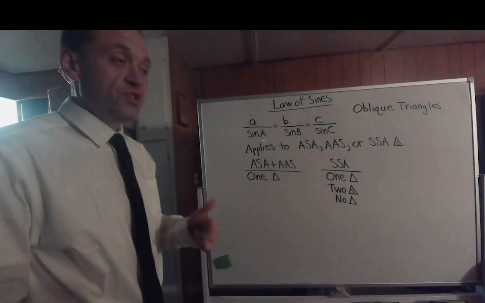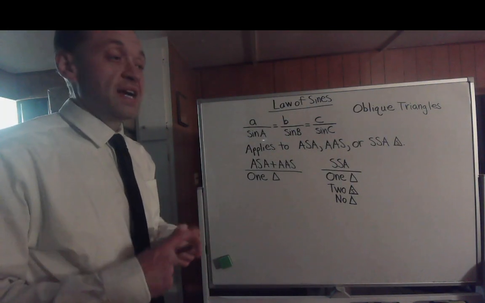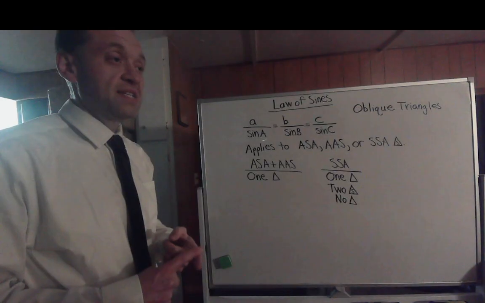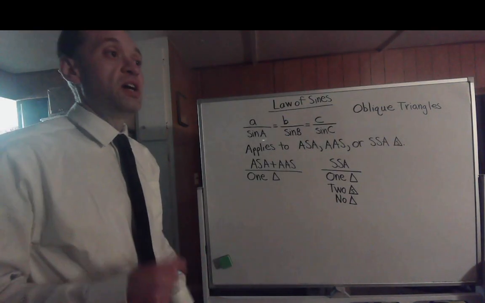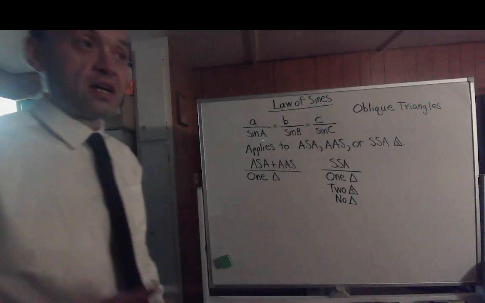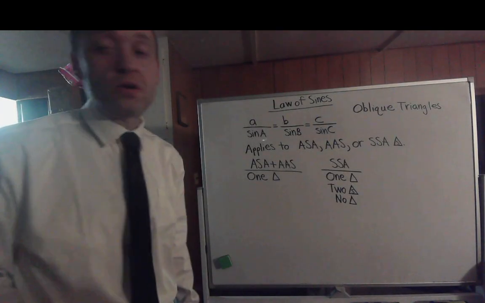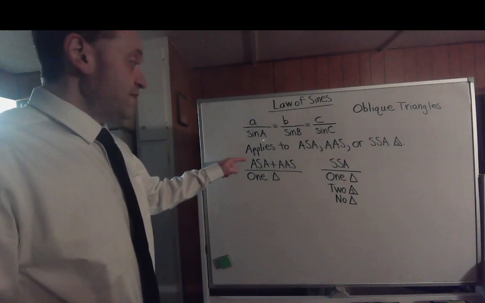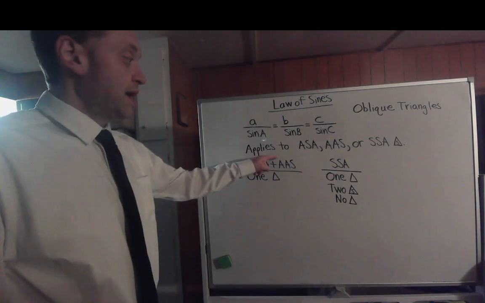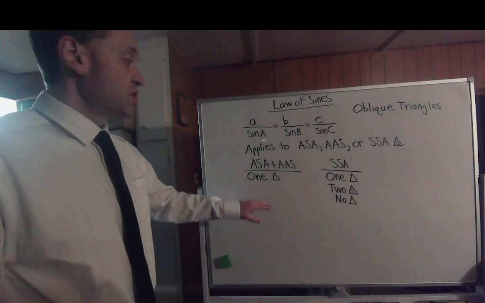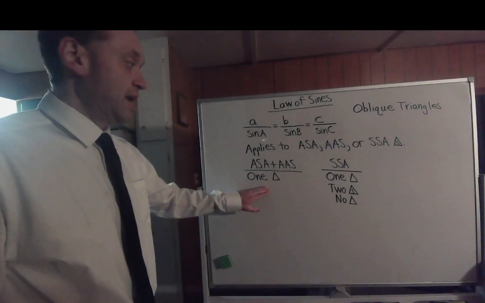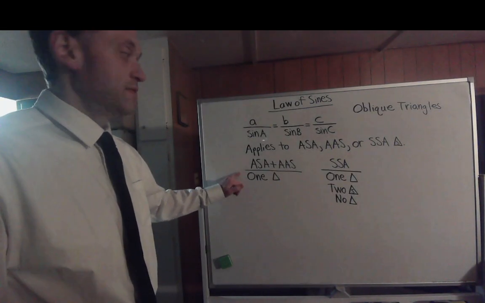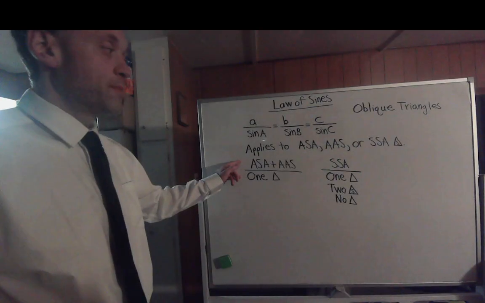For those last two cases, you would need what's called the law of cosines, which we will talk about in a couple of lessons from now. But if you have an angle-side-angle or angle-angle-side triangle, there's only one possible triangle that would fit the criteria of the triangle you're trying to solve for.